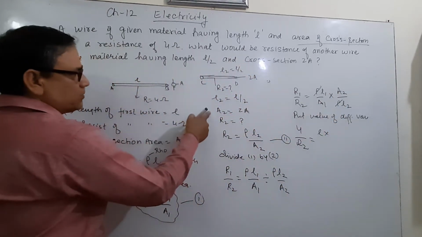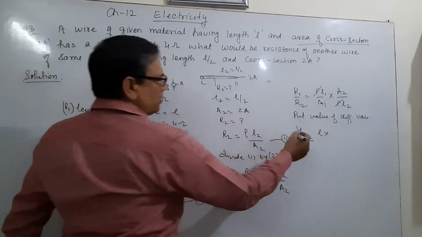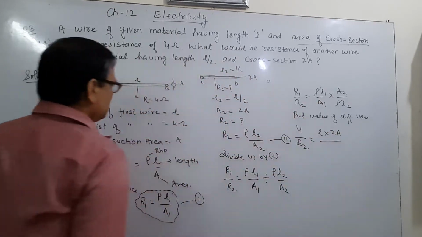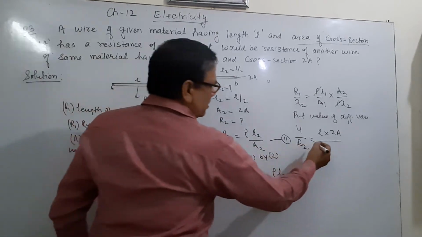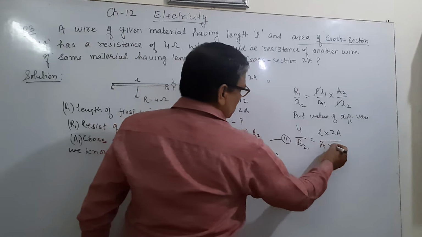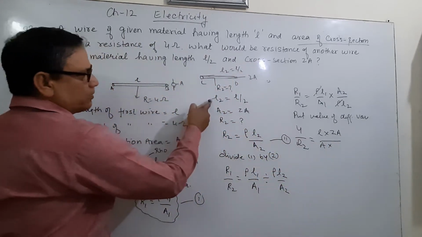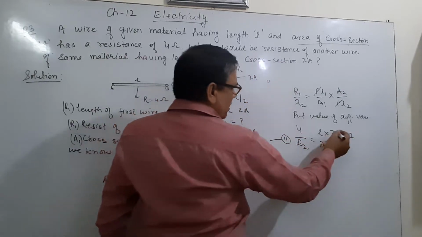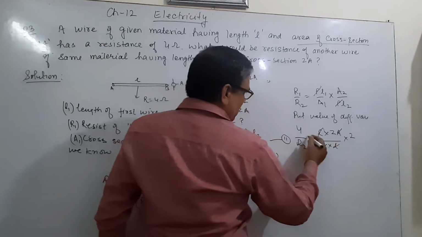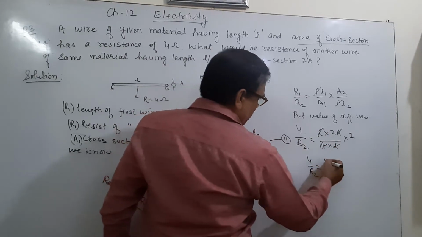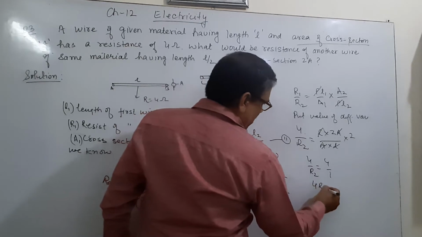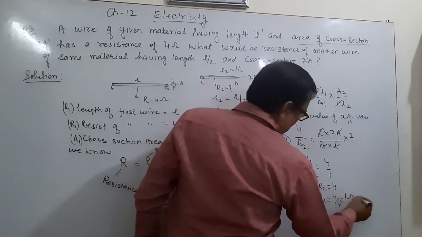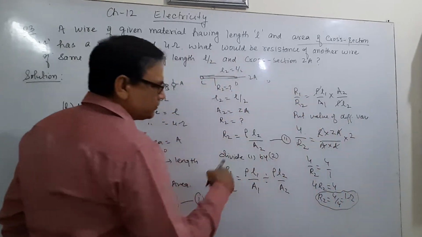A2 is 2A. And A1 is A. And L2 is L by 2. These two will go upward. L will cut, A will cut. Then 4 upon R2 is equal to 4 upon 1. Cross multiply: 4 R2 is equal to 4. Then R2 is equal to 4 upon 4, which is 1 ohm. This is our answer.